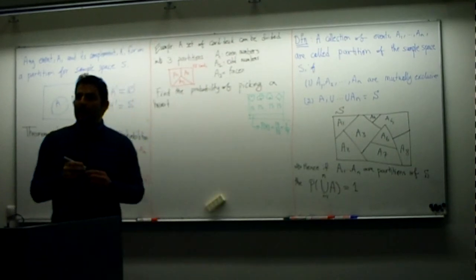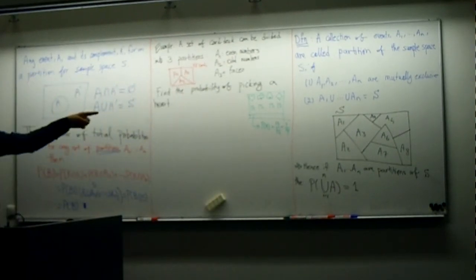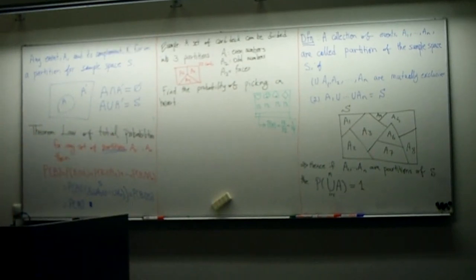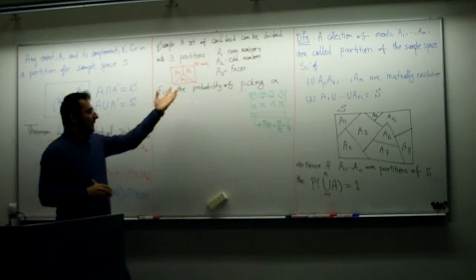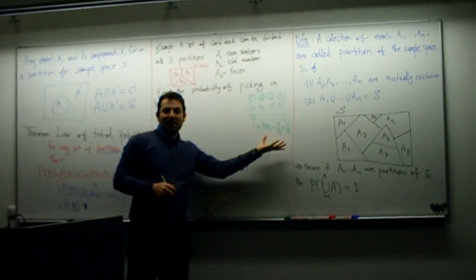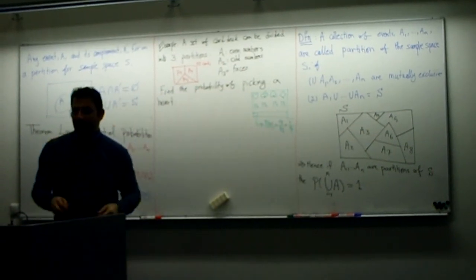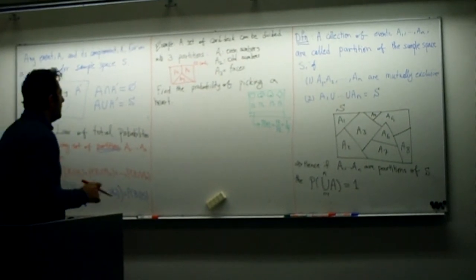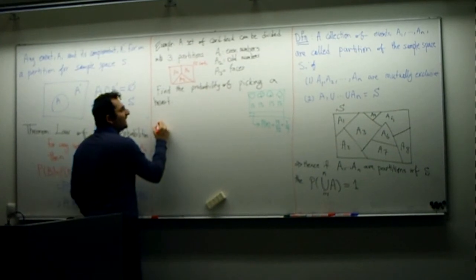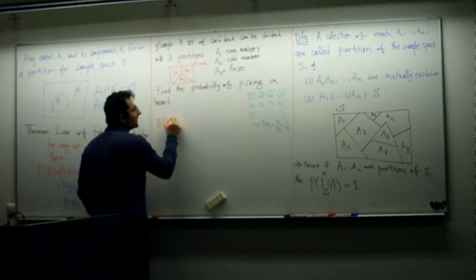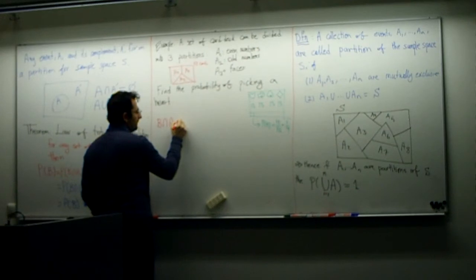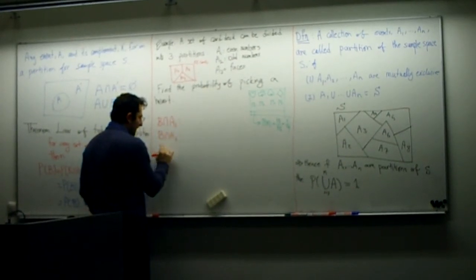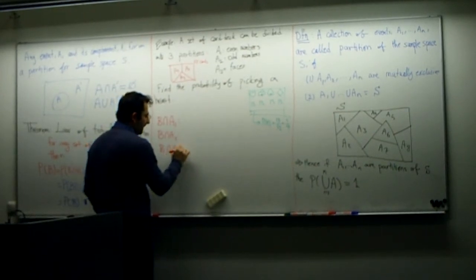Now, we want to find the probability of heart by using the law of total probabilities. This is a very simple example. Of course, the easiest way is to do it directly, but we know the answer. We want to confirm that we get the same thing. So, let's define what is B intersected by A1, what is B intersected by A2, what is B intersected by A3.